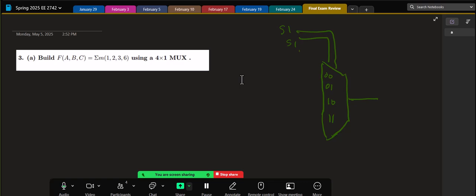And whatever the value of S1 and S0 is, you take the value that's coming in to that input on the multiplexer. So the way to do this is to do a truth table. So we have A, B, and C. How many possible combinations are there of ones and zeros for A, B, and C?